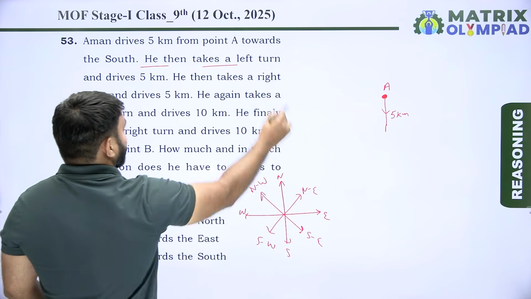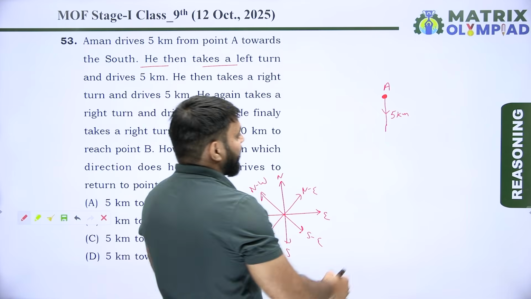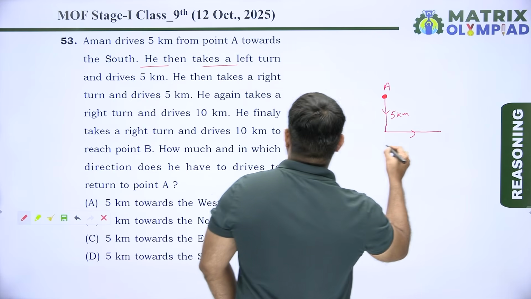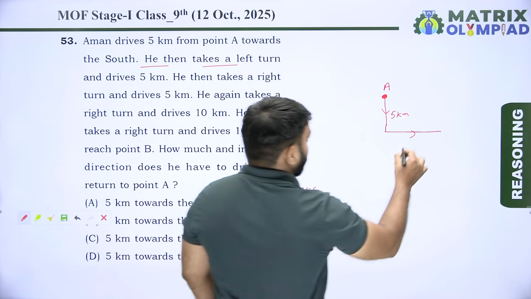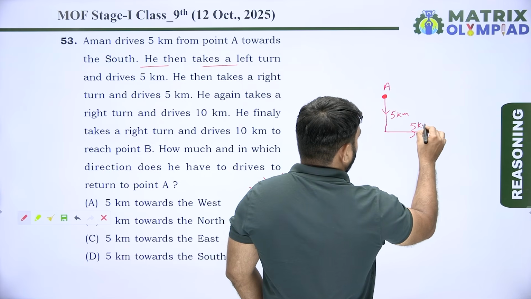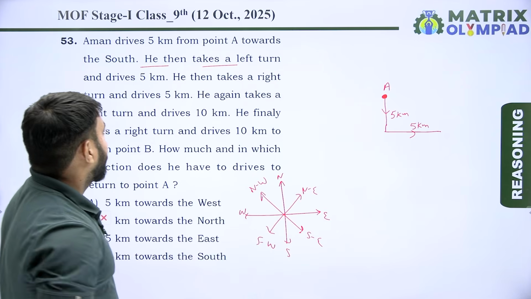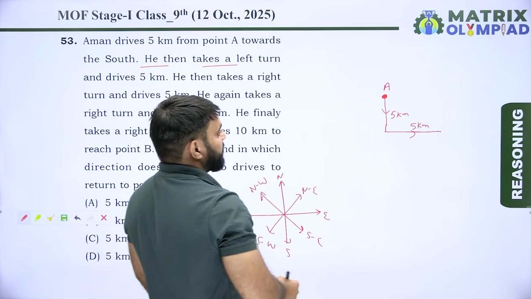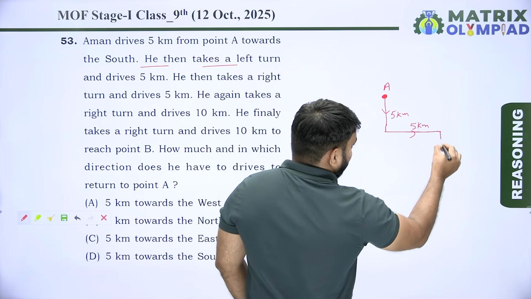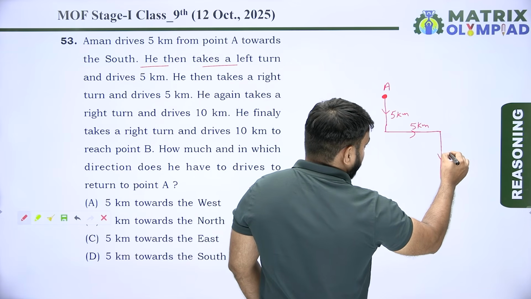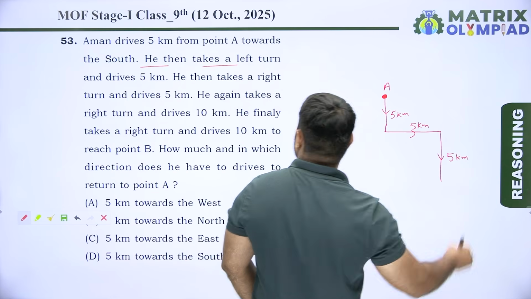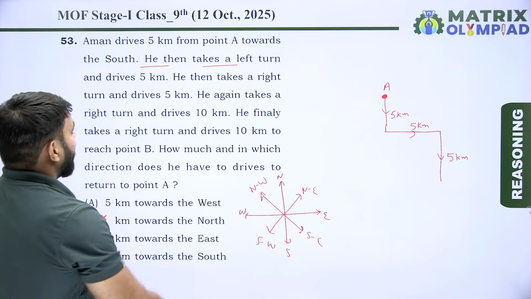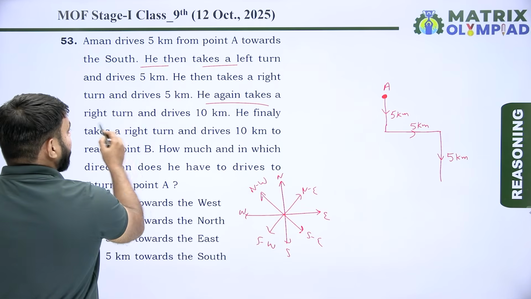He takes a left turn and drives 5 km again. He then takes a right turn and drives 5 km. He then takes a right turn and drives another 5 kilometers.